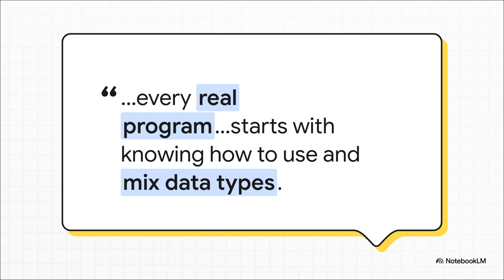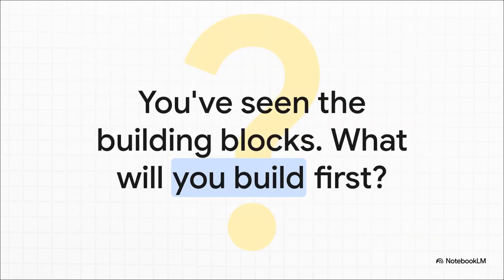Every single real program, whether it's a stat tracker for Mobile Legends, a K-pop concert app, or an inventory manager in Roblox, it all starts with knowing how to use and mix these basic data types. These are the fundamental tools, the very same ones used to create the games and apps that you love. They're way simpler than you might think, and they are the absolute starting point for creating pretty much anything digital. So the only question left is, what will you build?